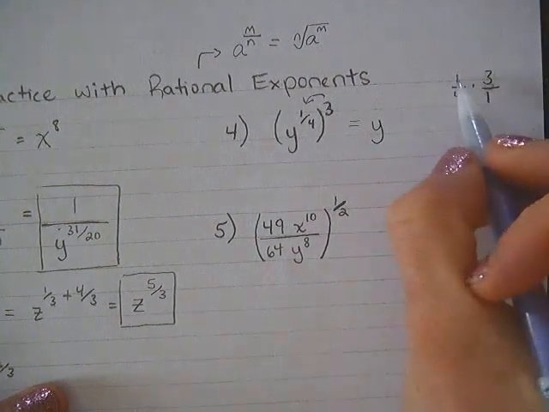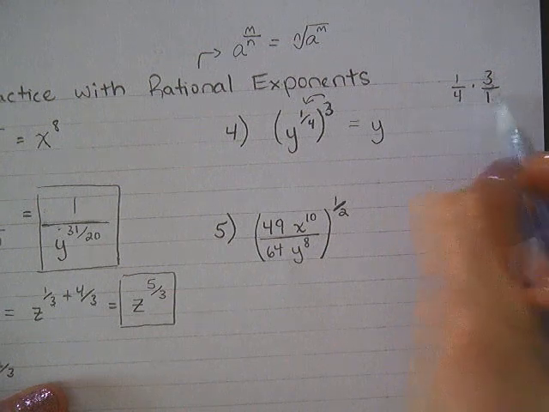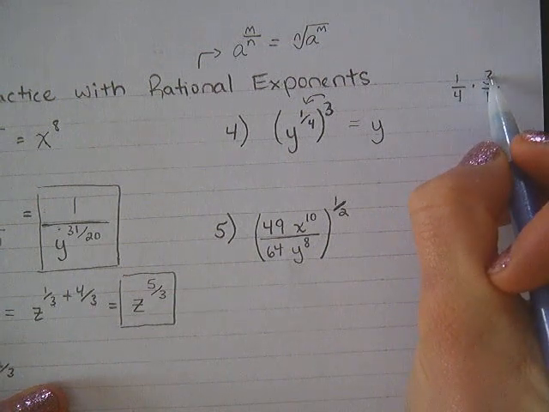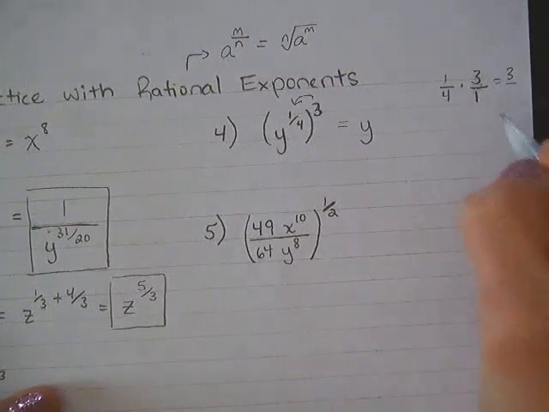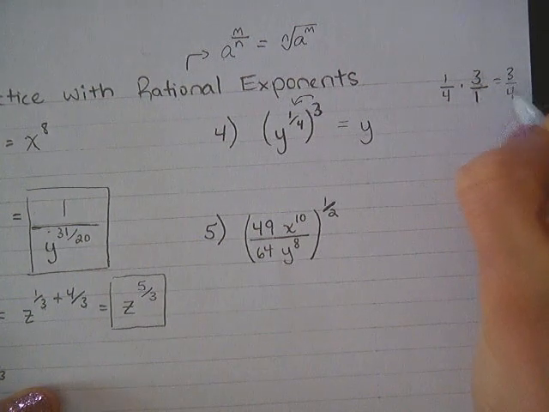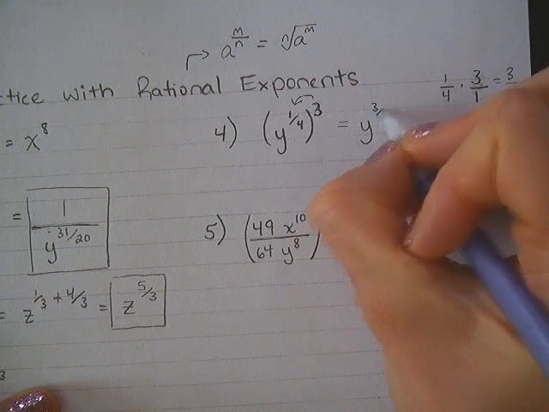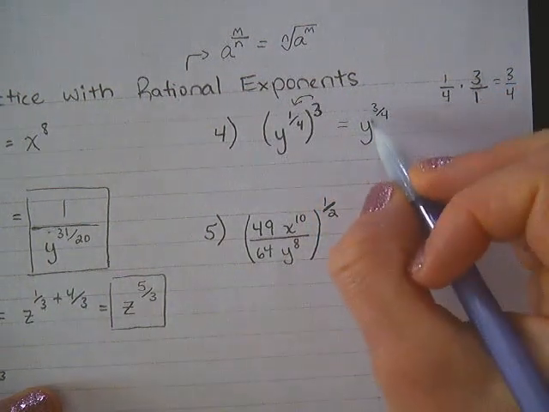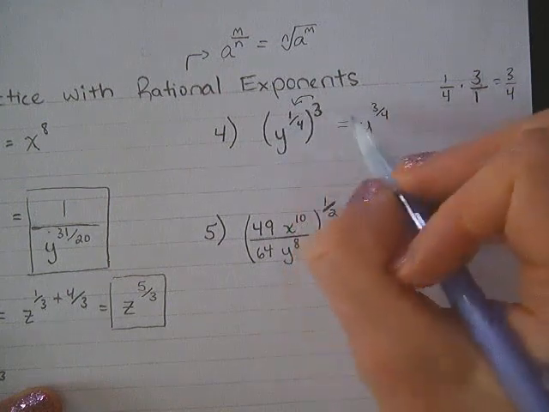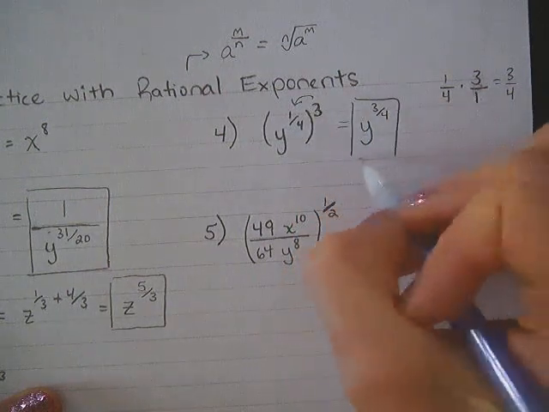When you multiply fractions, you multiply straight across. So this would be 1 times 3, which is 3, and then 4 times 1, which is 4. And so we get 3/4, and that would be the exponent. So when I take this to the third power, I get y to the 3/4 power.